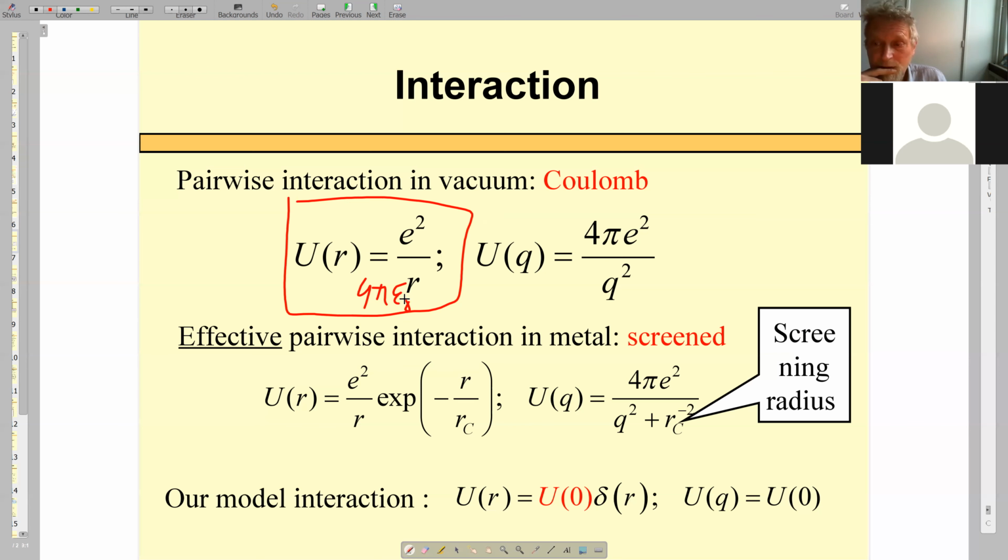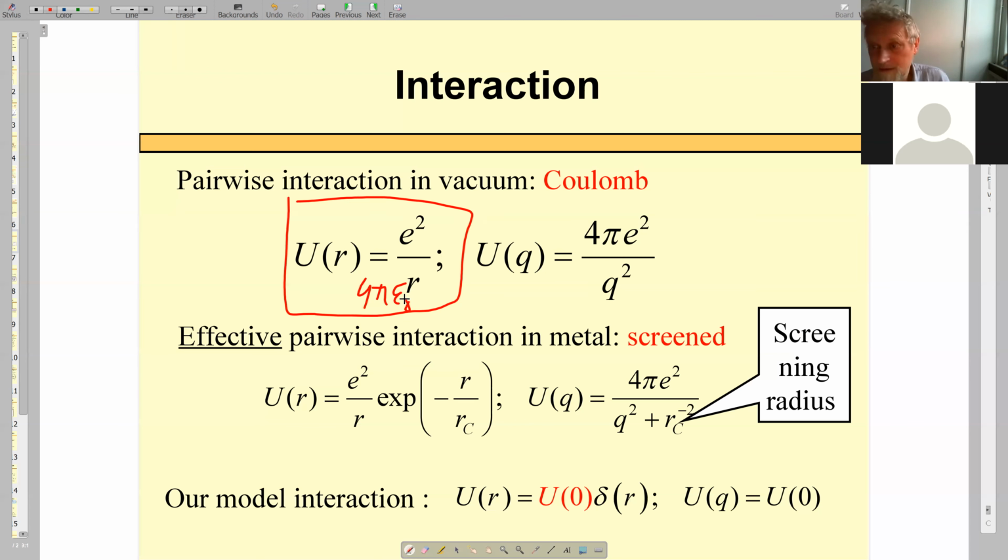If we want to do a Fourier transformation of this potential, and if you recall how we presented the interaction in second quantization, it is the Fourier component of the potential which appears there.